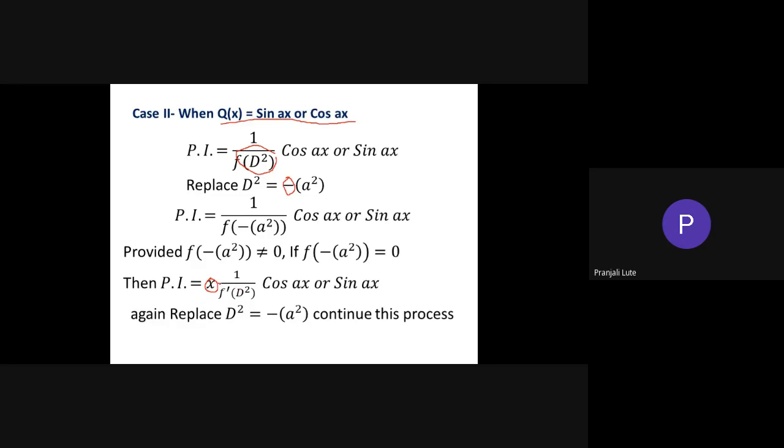Again, suppose the denominator will be 0, then we have to write here in place of x, x square, and take the derivative of this denominator, and we have to continue this process up to the denominator will be non-zero.